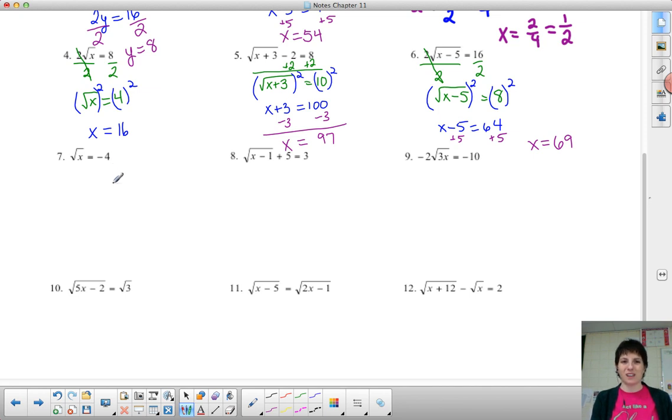What number times itself gives an answer of -4? It doesn't happen. There isn't a number times itself that would give you a negative, right? The only way to get a negative with multiplication is if I take a positive times a negative. So the moment you have a square root equal to a negative, you can write no real solutions.